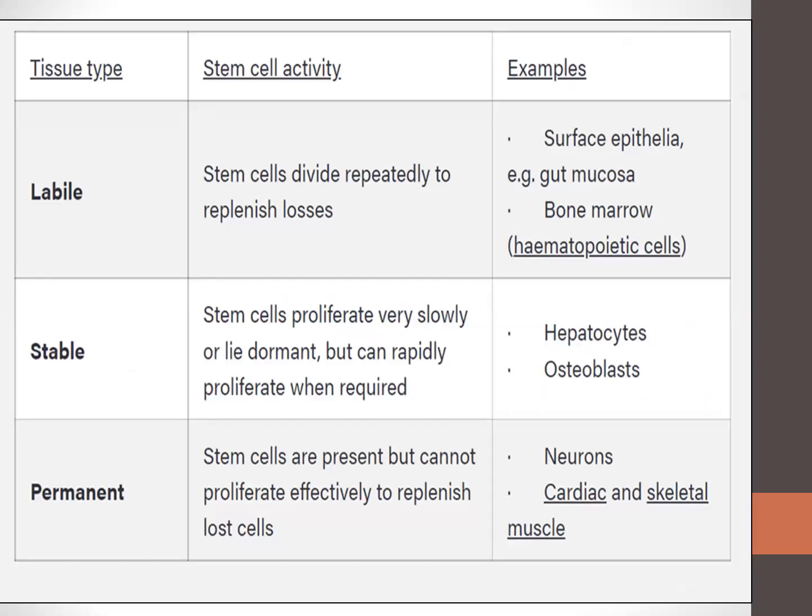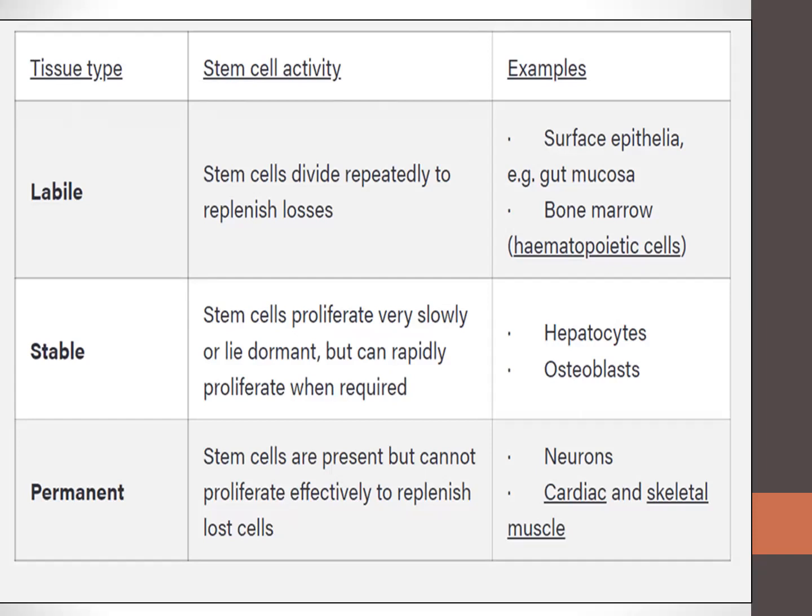According to the ability to divide, cells or tissues are divided into three types: labile, stable, and permanent. Labile cells are those stem cells which divide repeatedly, like the surface epithelium of the intestine and the bone marrow containing the hematopoietic cells. These are labile cells and they can adapt by hyperplasia as well as hypertrophy.